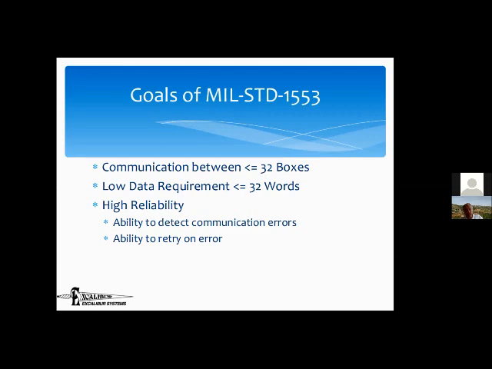On the other hand, the amount of data from each of the boxes was also not very great. The data we're talking about are things like altitude, latitude, longitude, various discretes, as in statuses and triggers and things like that. So that was the order of magnitude of what the bus had to handle.